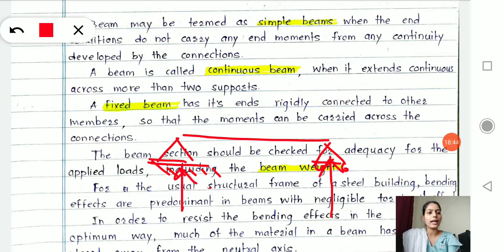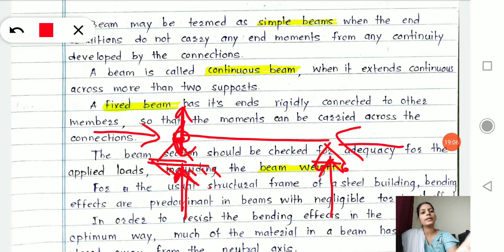If I allowed it to move in the vertical direction, would there be any reaction? No. But as we know, at a simple support vertical reaction develops because the vertical movement is not allowed. You also come across horizontal reactions. At a simple support you come across two reactions, one in the vertical direction and the other in the horizontal direction, right?